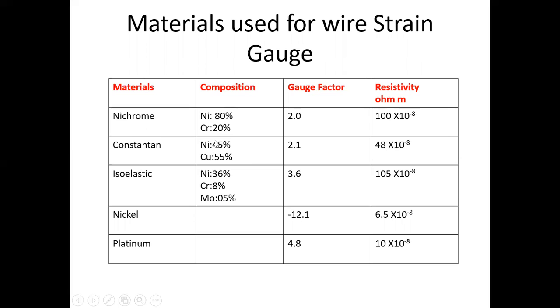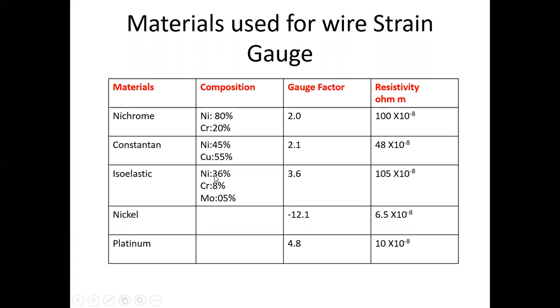Nickel percentage is 45% and copper percentage is 55%. In nichrome, nickel is 80% and chromium is 20%. The gauge factor of constantan is 2.1. Resistivity of constantan is 48 into 10 raised to minus 8.